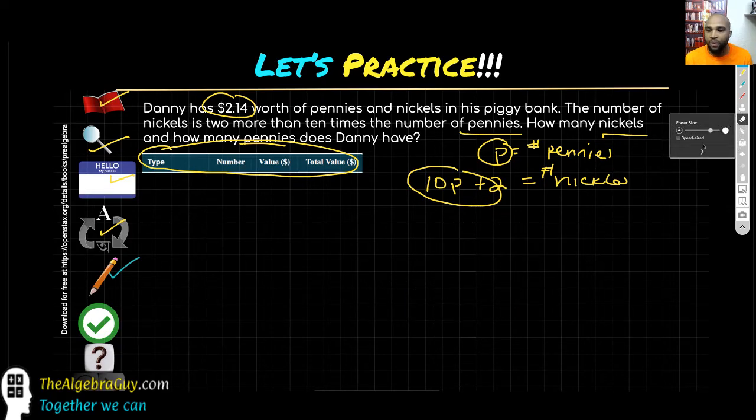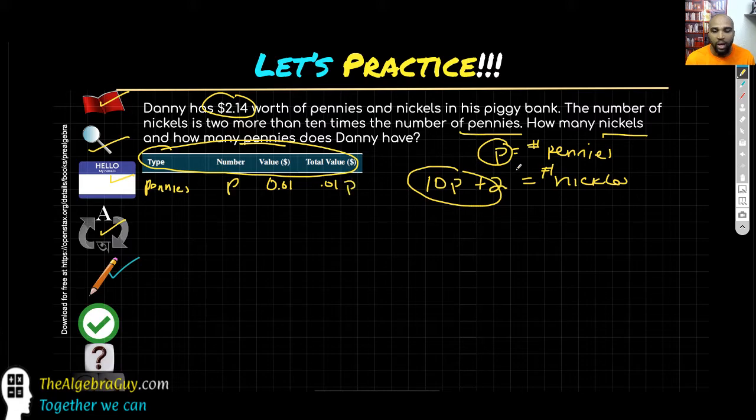So the step that I forgot is to multiply by its value, right? So before I was going pennies and represented by p, and then I was putting a value right here. And I was saying this equals 0.01p. And I didn't do that. That's what messed me up. So then I got nickels, and that equals 10p plus 2, and the value of a nickel is 0.05.